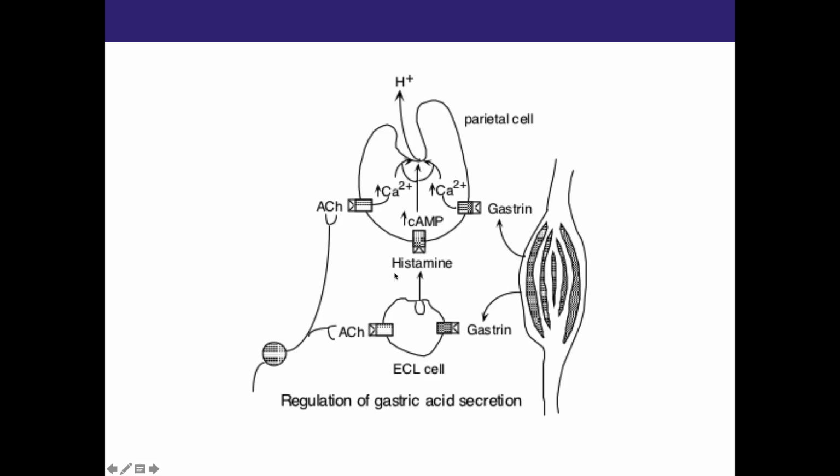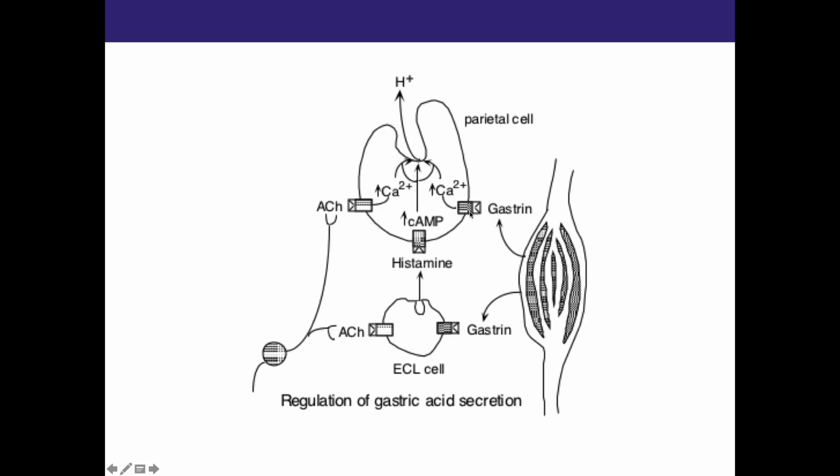Okay, so potentiation means that the amount of hydrochloric acid is greater than the sum of each of the individual parts. So for instance, acetylcholine stimulates the cells and produces a little bit of acid secretion.